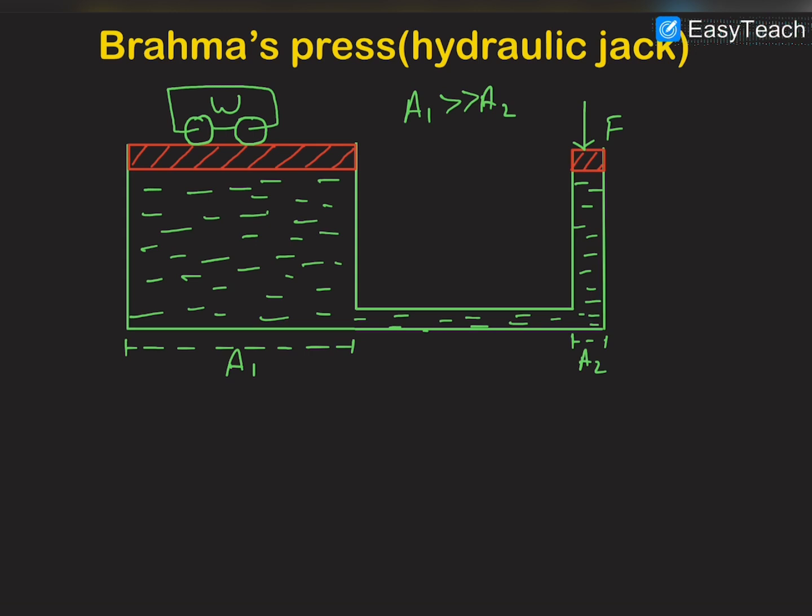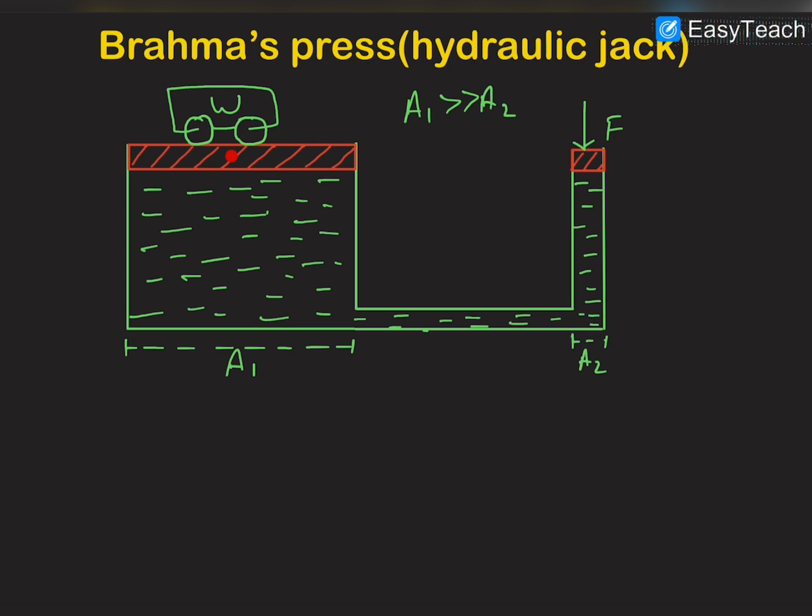This is a very easy process to lift up the car due to the hydraulic jack. So let us imagine that this is a piston which will be below the car, and this is the piston at which we will apply the force.